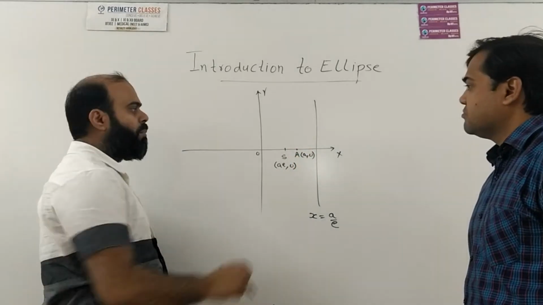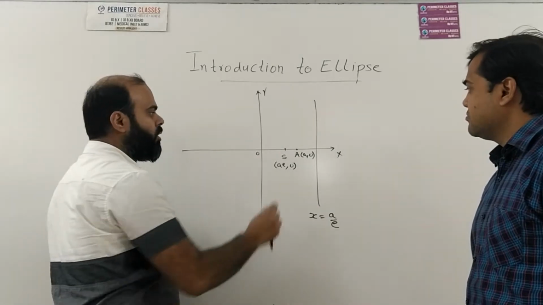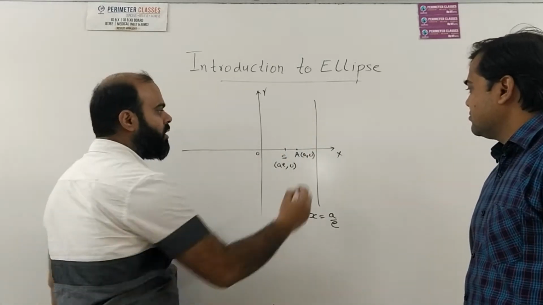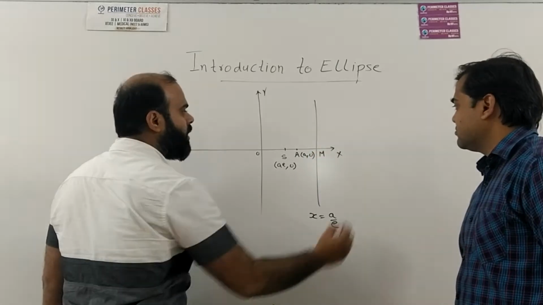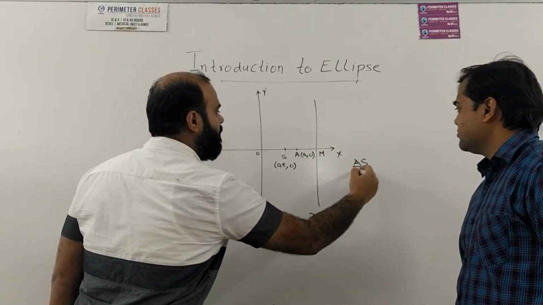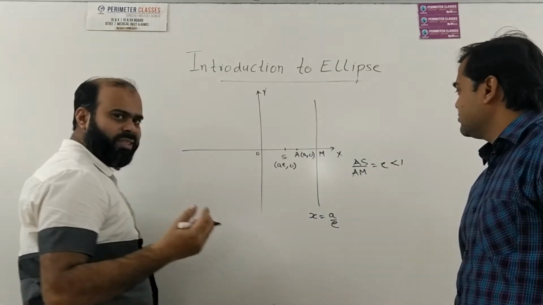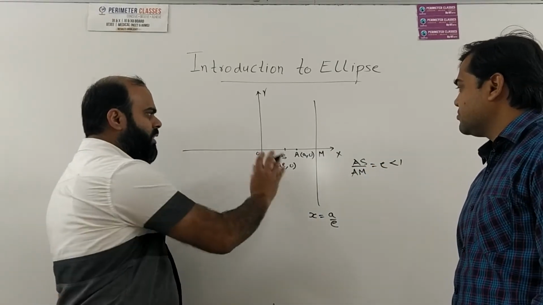This is a point which lies on the ellipse because AS upon this length, which is suppose AM, would be equal to e, which is less than 1, having some given value. So this is a point.